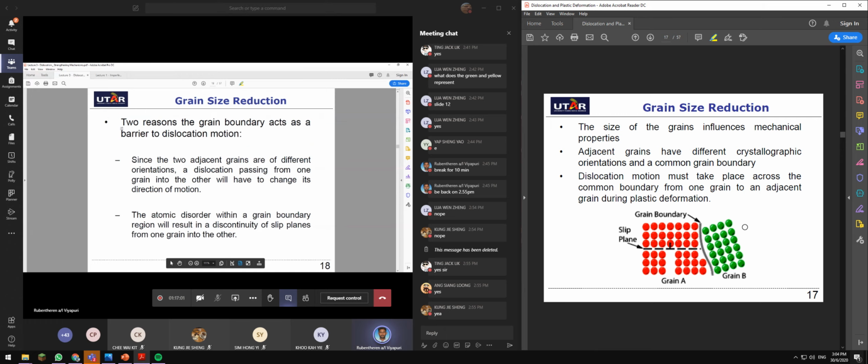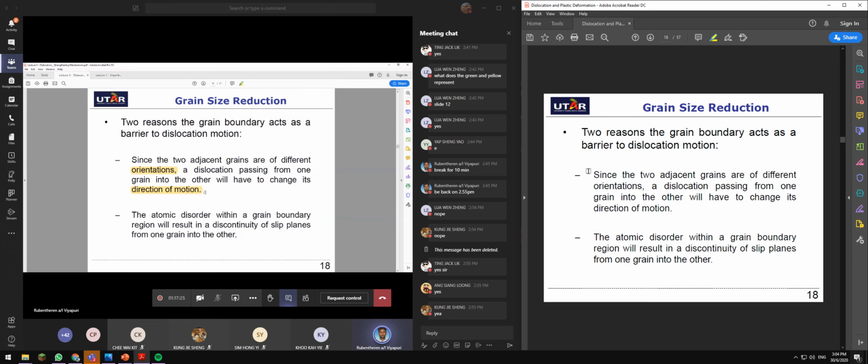Now, there are two reasons why a grain boundary acts as a barrier to dislocation motion. Since the two adjacent grains are of different orientation, please highlight this, a dislocation passing from one grain into the other will have to change its direction of motion. It's very difficult to change the direction of motion.